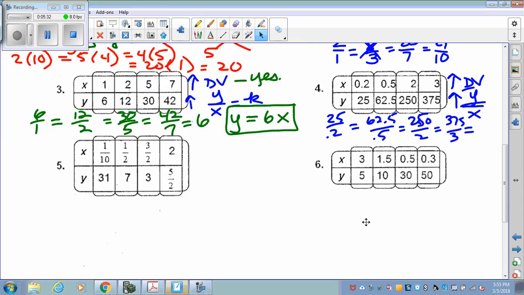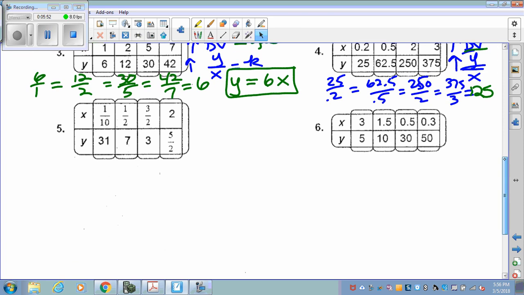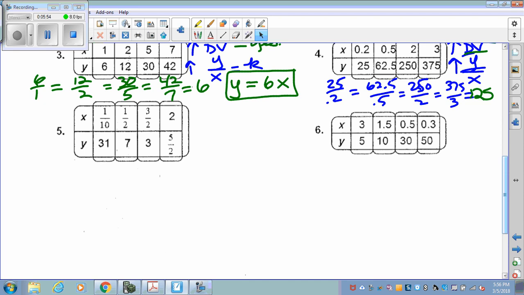So they all equal 125. That is my constant of variation. If I want to write my equation, it would be y equals 125x, because it's a direct variation.